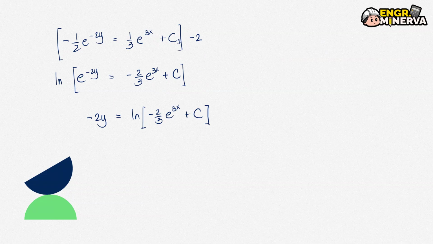How can we eliminate the natural log here? Actually, there's a clue here. That would be negative 2y. I will factor out your negative 2/3 first. If I factor out your negative 2/3, I'll make this my C2, so it will just be a constant.